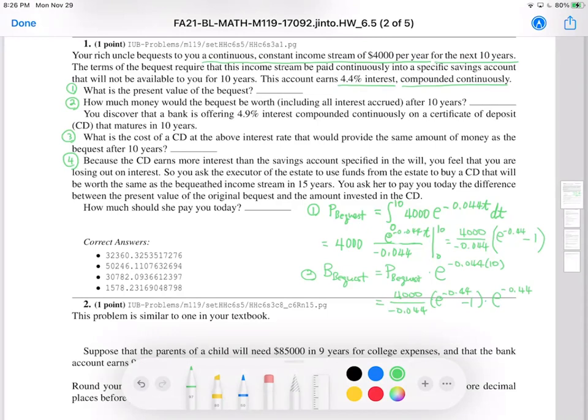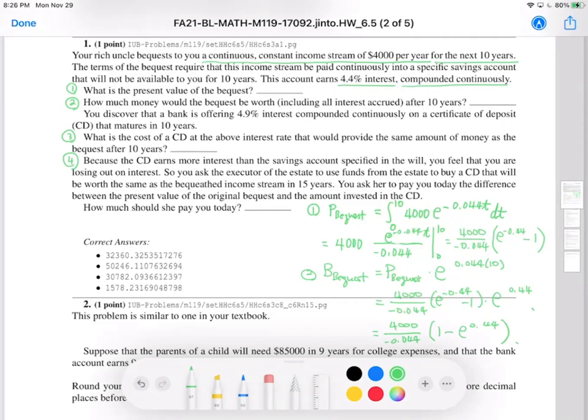I'm sorry, there's a mistake. It's just r. Okay. So this is equal to, I can simplify further. Just expand 1 minus e to the 0.44. Okay, and use a calculator to get the decimal.